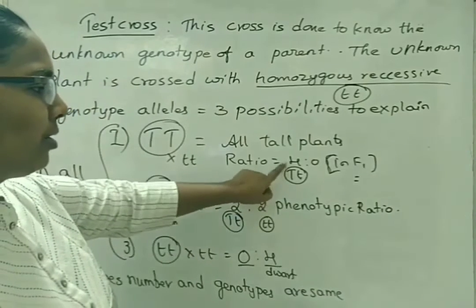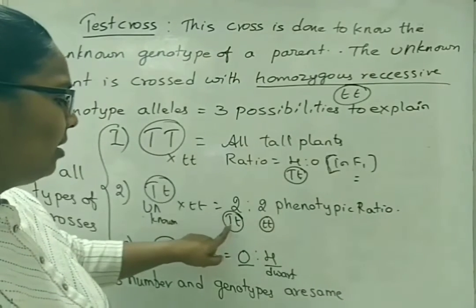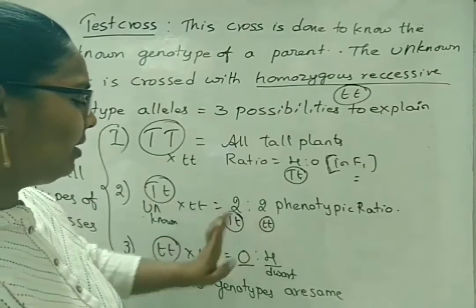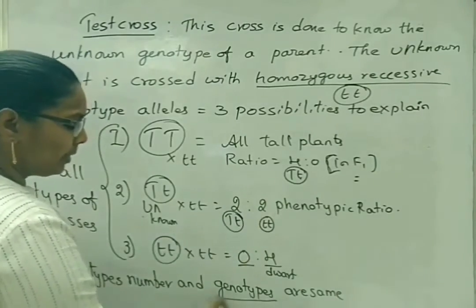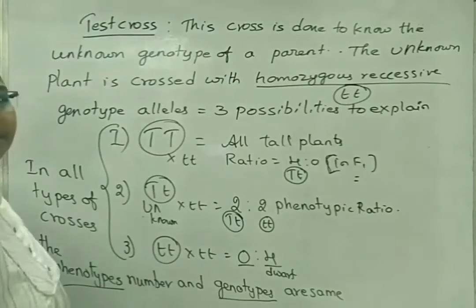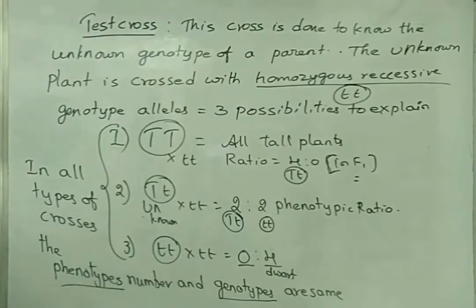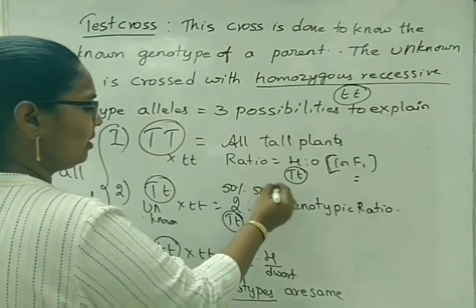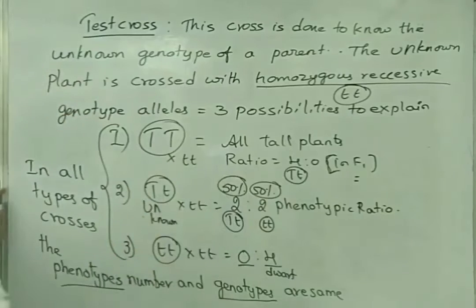Here 4 are tall, 4 are heterozygous. 2 are tall, 2 are heterozygous. 2 are dwarf, 2 are the same. All the genotypes and phenotypes are the same in all 3 different types of crosses. Here, instead of this, sometimes they use 50%. Then also we should be able to identify what type of cross the examiner is going to ask.